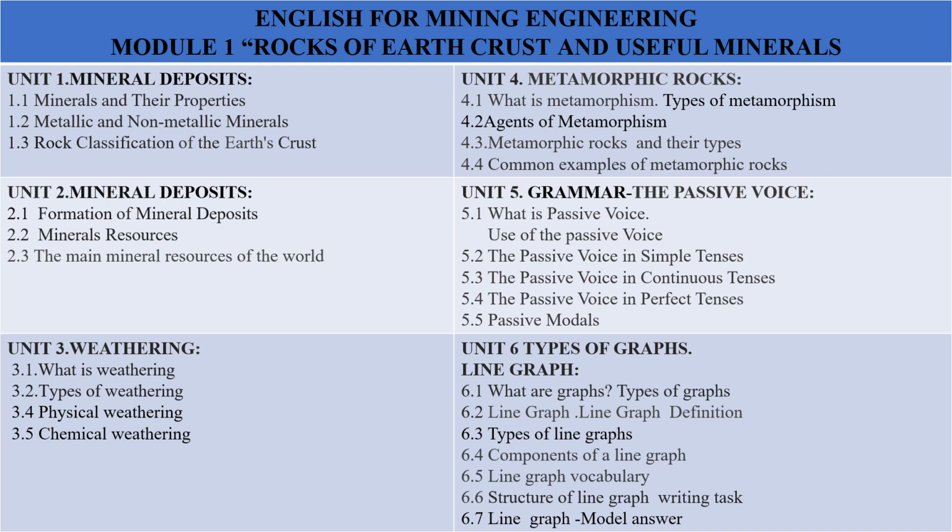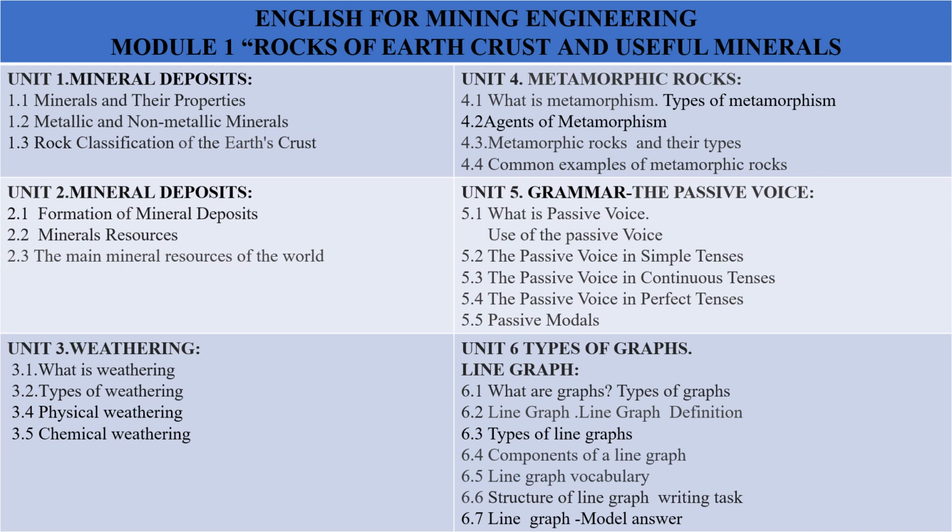Unit 3 Weathering: 3.1 What is weathering? 3.2 Types of weathering, 3.4 Physical weathering, 3.5 Chemical weathering. Unit 4 Metamorphic rocks: 4.1 What is metamorphism? Types of metamorphism, 4.2 Agents of metamorphism, 4.3 Metamorphic rocks and their types, 4.4 Common types, examples of metamorphic rocks.